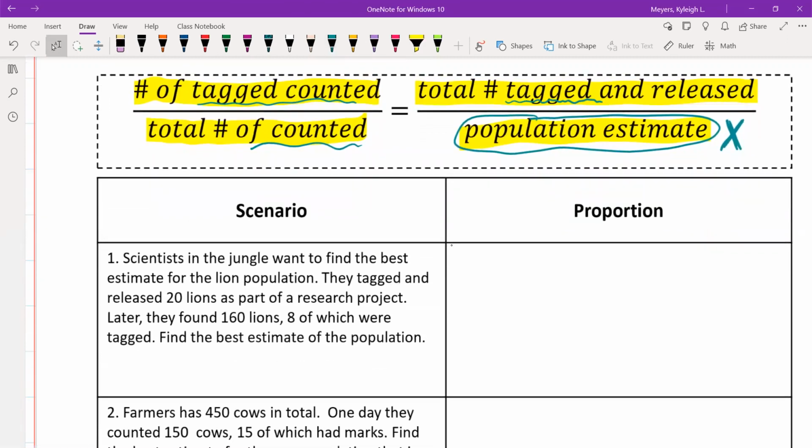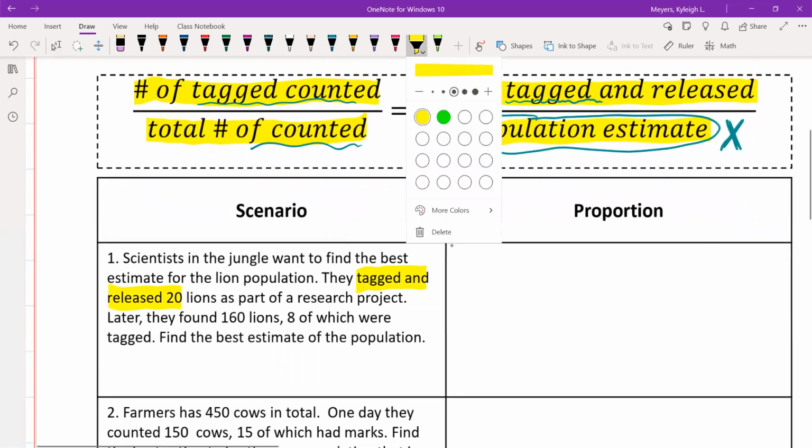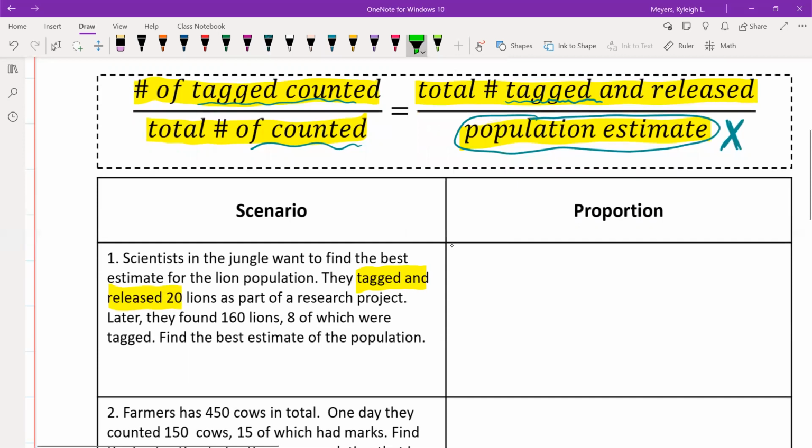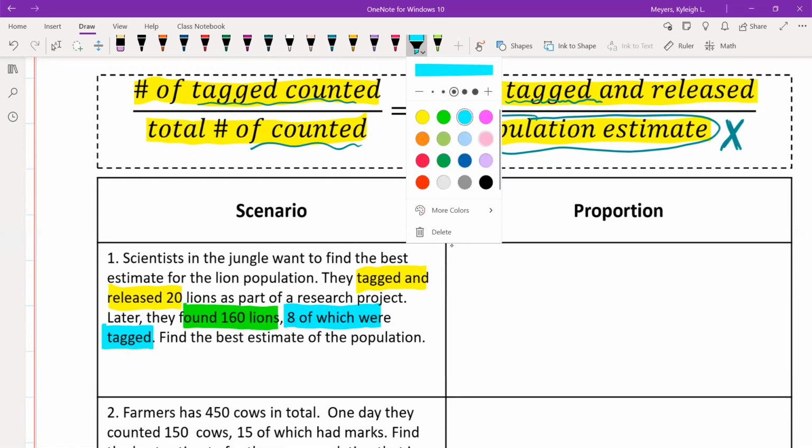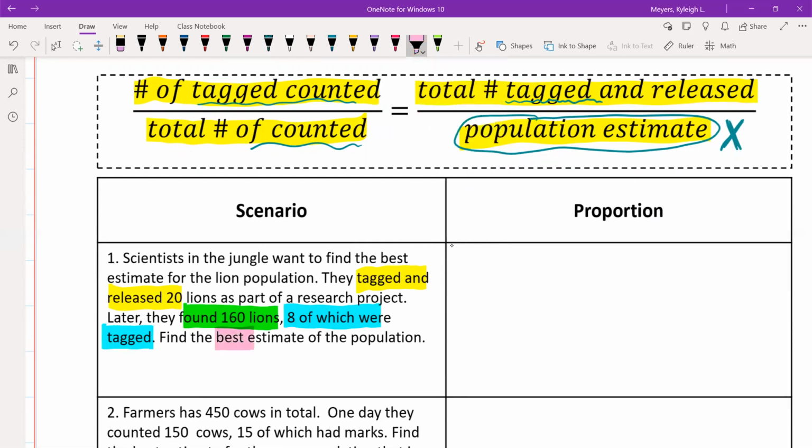Scientists in the jungle want to find the best estimate for the lion population. They tagged and released 20 lions. Later, they found 160 lions, 8 of which were tagged. And then we want to find the best estimate.